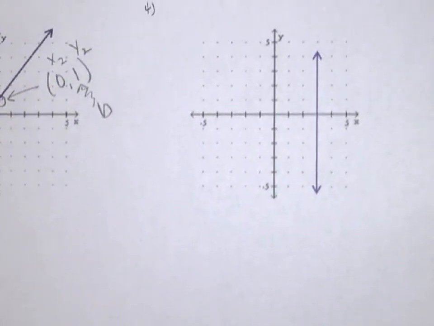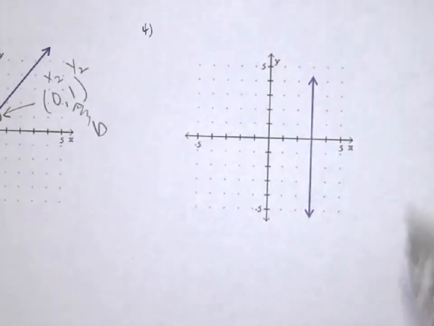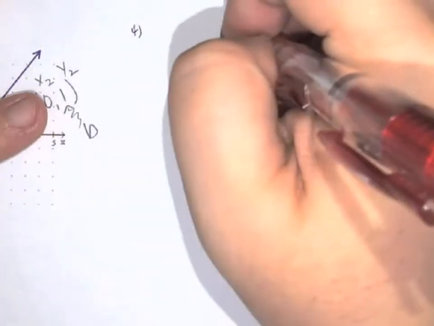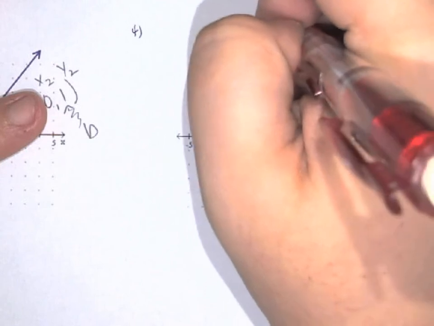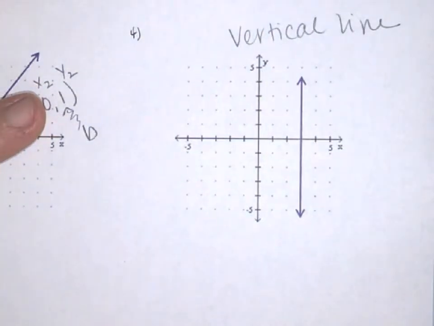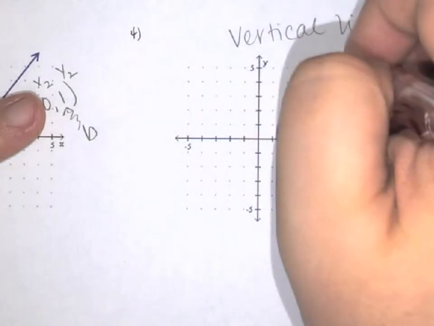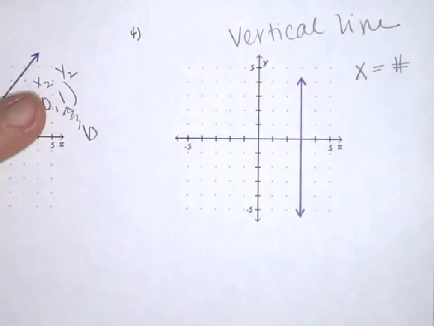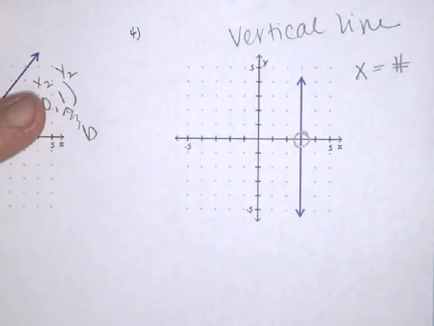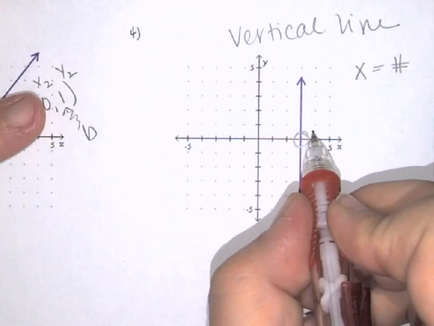Now the other one that I have here, notice, is going to fall under my special case. This is a vertical line. What we know about vertical lines is they are x equals equations. So here we simply have to look at what is the intercept that we are crossing at.